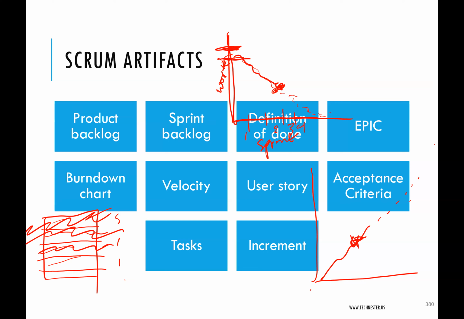There's still work we need to do. So these burn down charts, or creating reports like this for burn down charts and burn up charts, are tasks for the Scrum Master. They are not things a product owner will do or a BA will do.